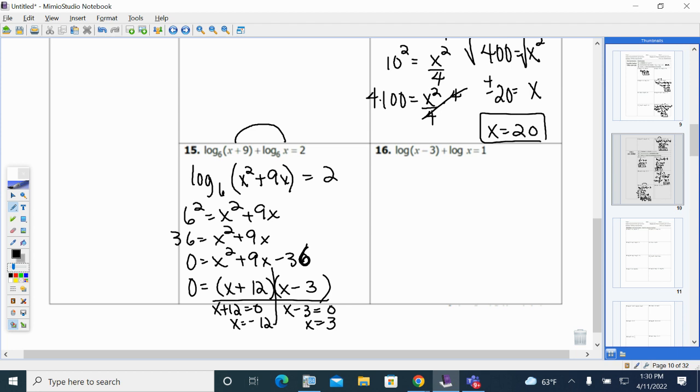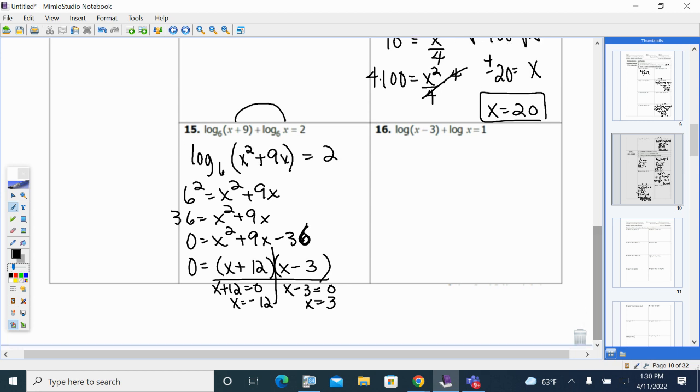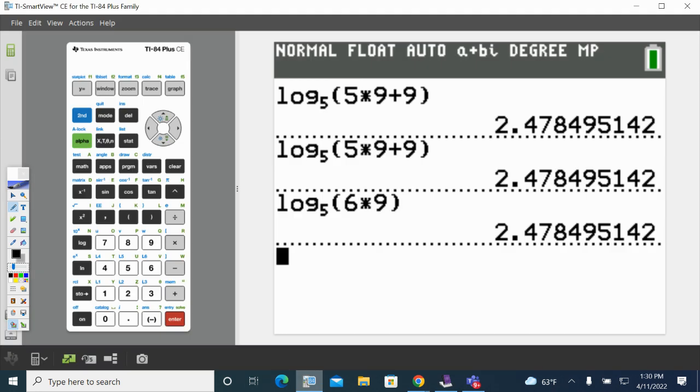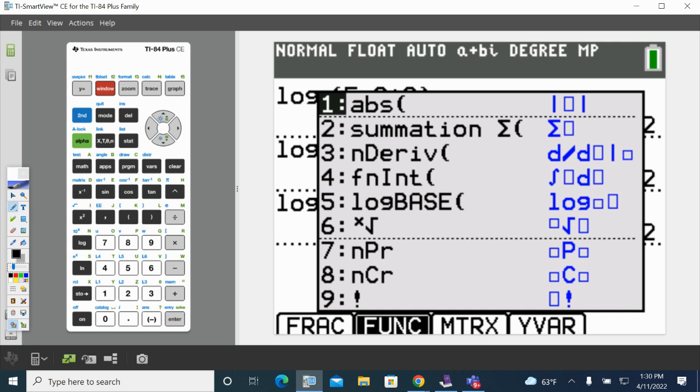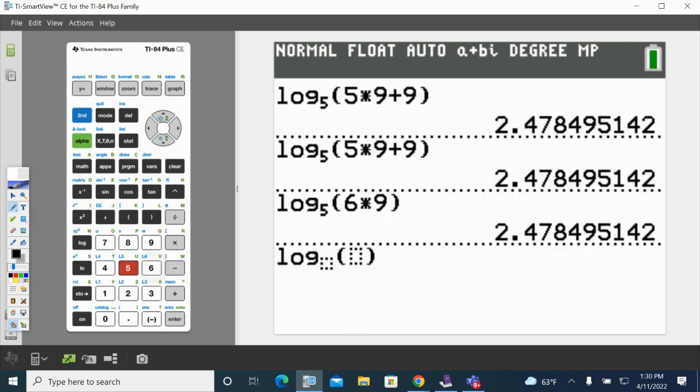The negative 12 is not going to work. So again, you would each one start with the negative 12. Let me show you what this might look like. Log base 6 of negative 12 plus 9. And then we need to add another log base 6 of x.